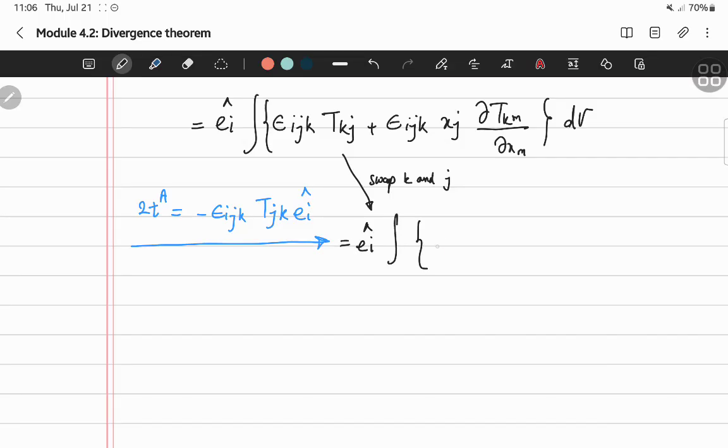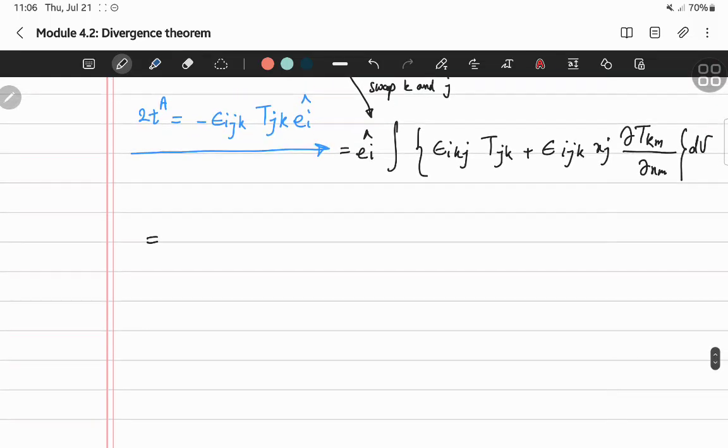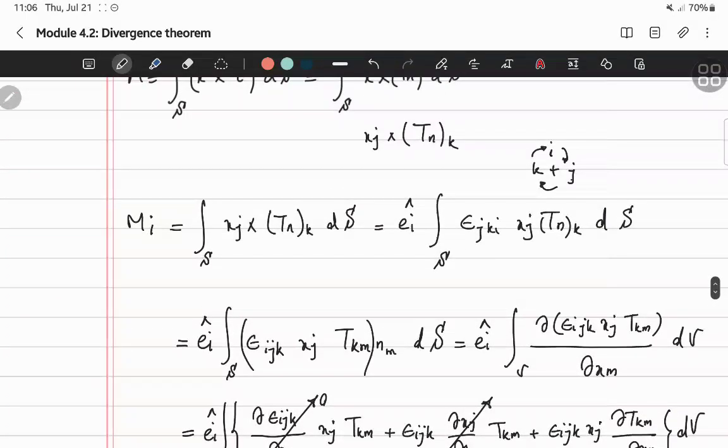We have the integral of epsilon ikj tjk plus epsilon ijk xj partial derivative of tkm with respect to xm dv. Then this is equal to, so epsilon ikj, if you look at here, ikj is basically minus 1.